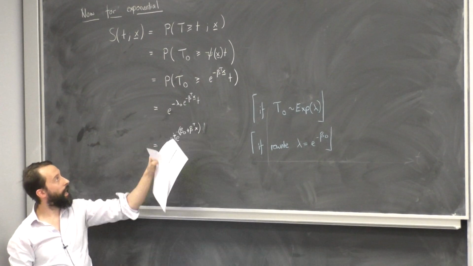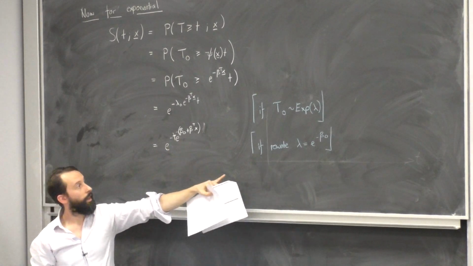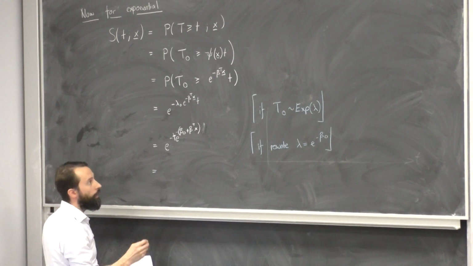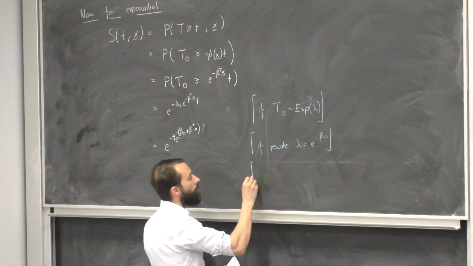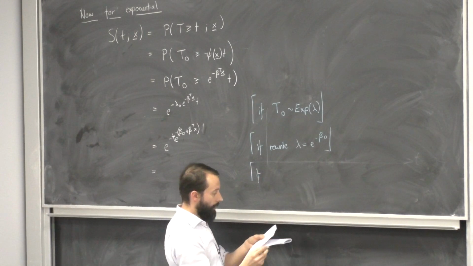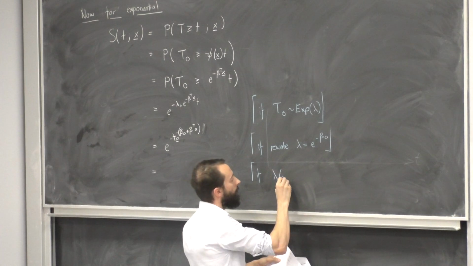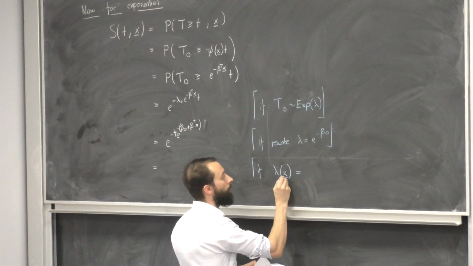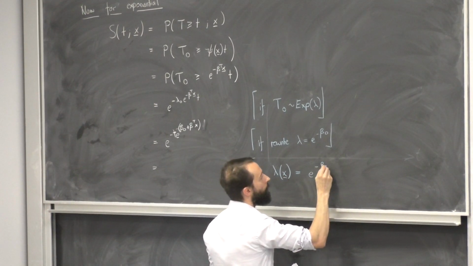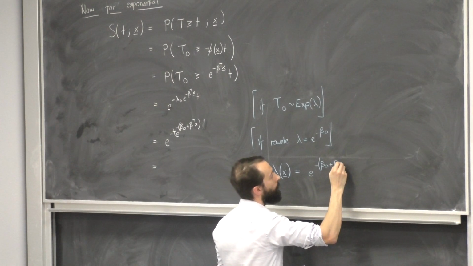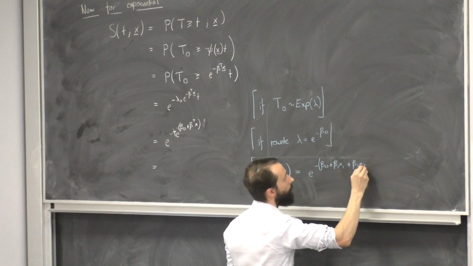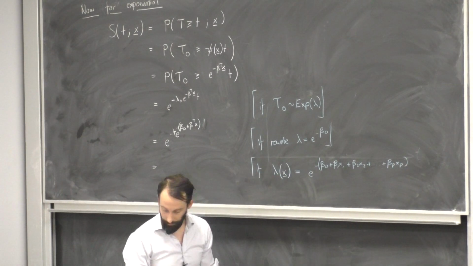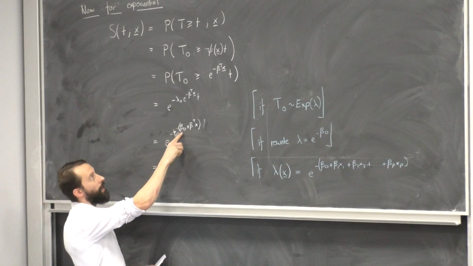So basically I can just take my lambda naught up into an exponential if I rewrite it as e to the minus beta naught. Then I create a new lambda as a function of x, which is e to the minus beta naught plus beta 1 x1 plus beta 2 x2 plus beta p xp, and that's basically that term there.